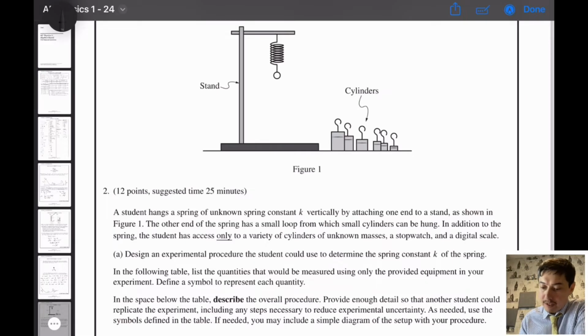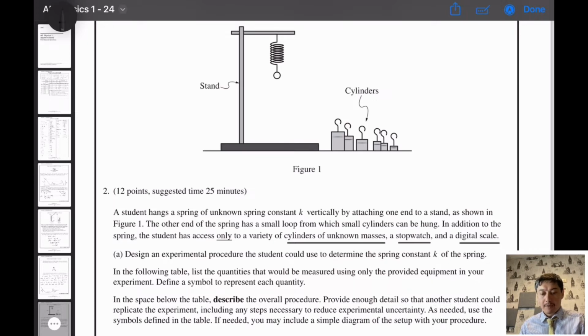Alright, so these are the tools available. We have got cylinders of unknown masses, and we have a stopwatch and digital scale. Alright, part A. Design an experimental procedure the student could use to determine the spring constant K of the spring.